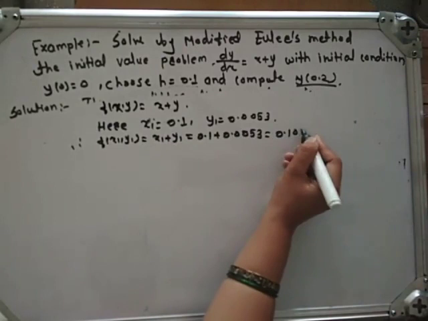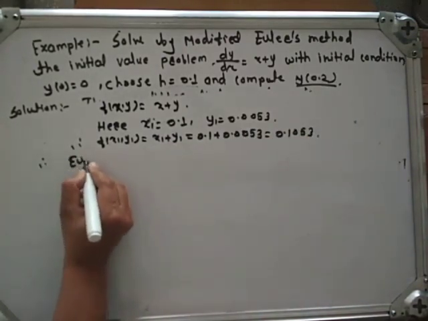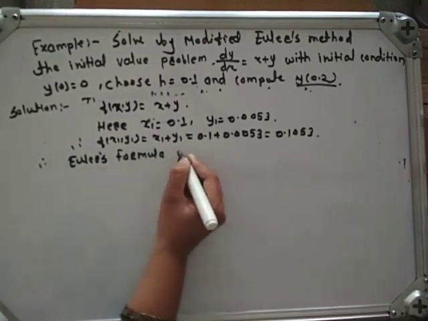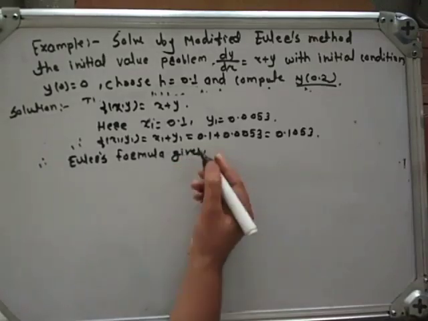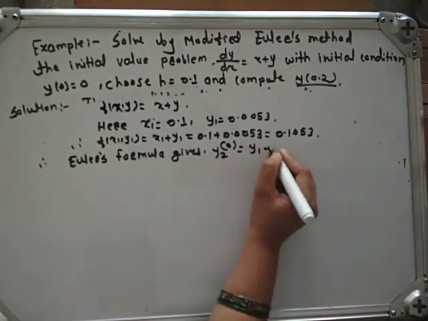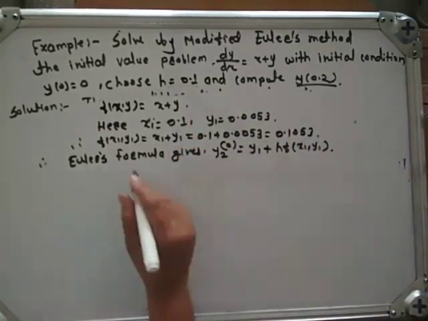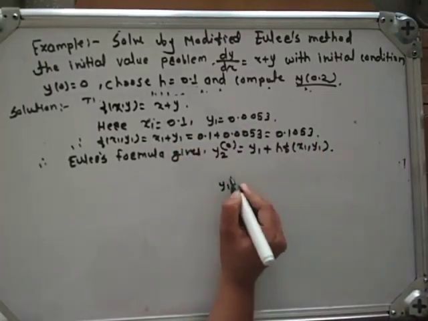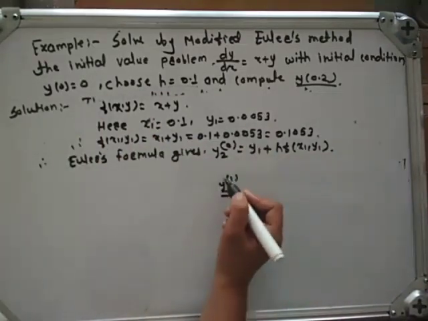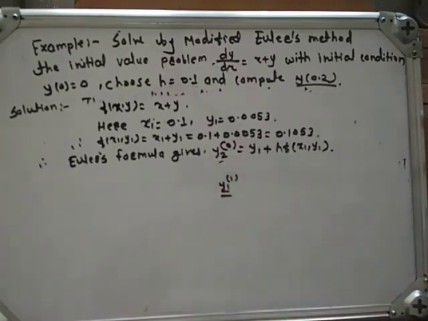This is 0.1053. So Euler's formula gives y2 0 is equal to y1 plus h into f of x1, y1. In the previous step we calculated y1, and in this step we are calculating y2, so we start from y2 0.